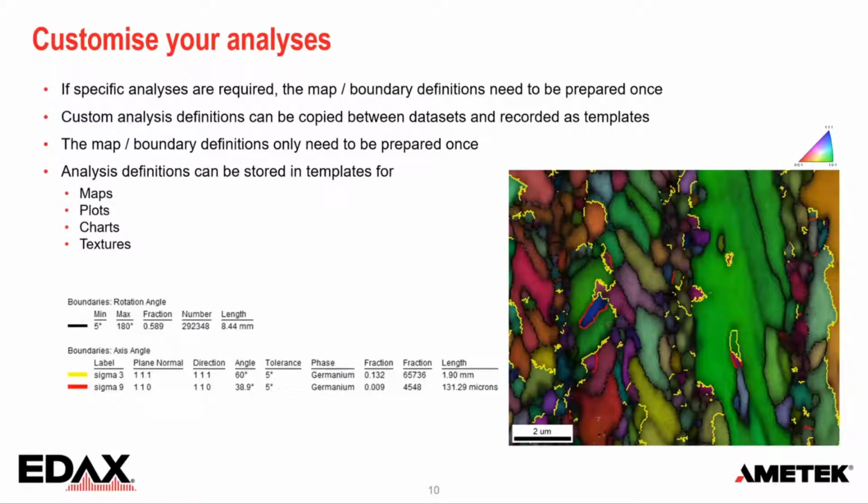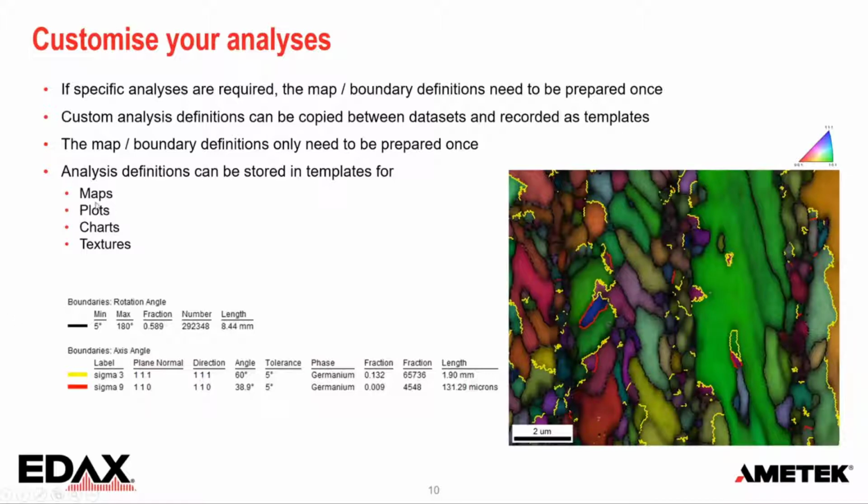Now, once you've made such a special map, in this case, here is an IPF map on image quality with different boundaries. These are sigma 3, sigma 9 twin boundaries, so special misorientations. If you need this more than once, you can just create a map once, or a plot or a chart, and record it as a template.